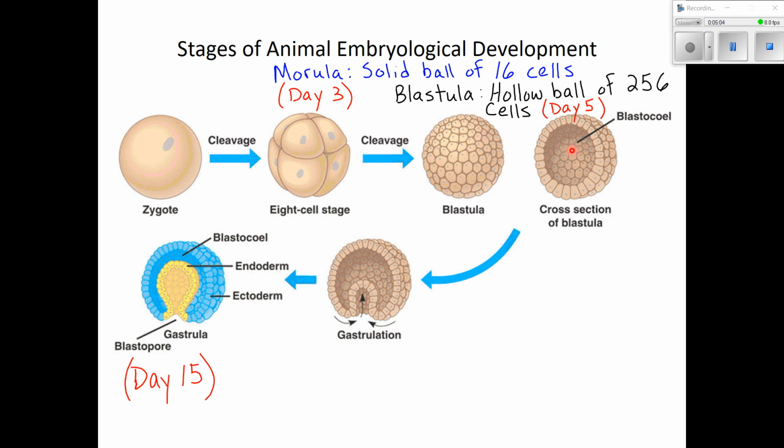But at this point, all of the cells are still totipotent or pluripotent embryonic stem cells. So the same thing I just said still applies. If I was to take just one cell and pluck it out, separate it from the embryo, and let it develop, it would develop into an embryo. It would develop into a child, an offspring, but because this is not just for humans, this is for all animals.